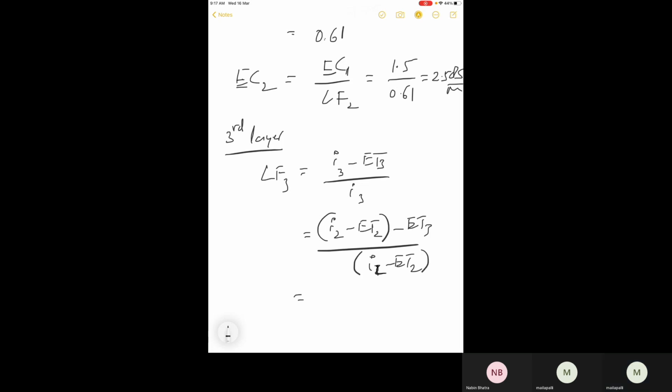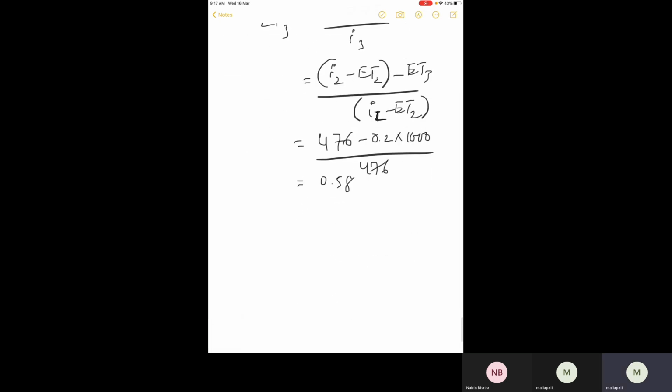So that will be like 476 minus 0.2 into 1000, that's ET3, divided by 476, and you get 0.58. Okay.